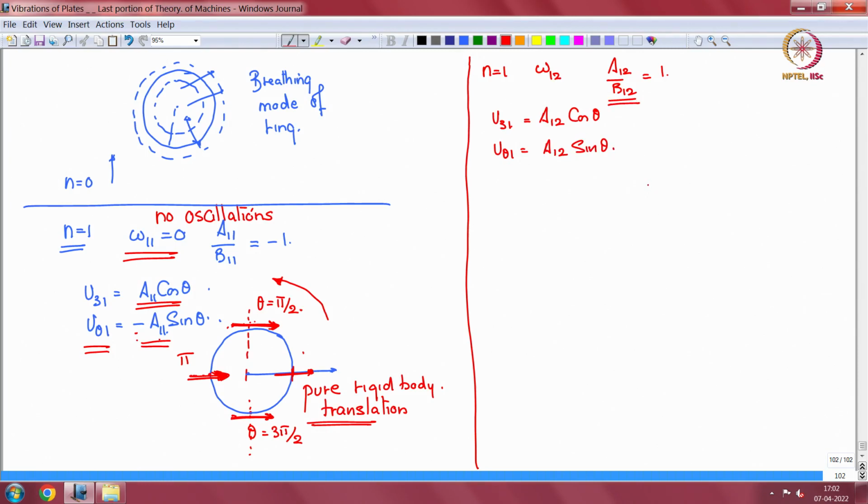Now if I draw it here, this is my theta 0. At theta equal to 0 again, I have u3 as a12, so u3 has some value here.